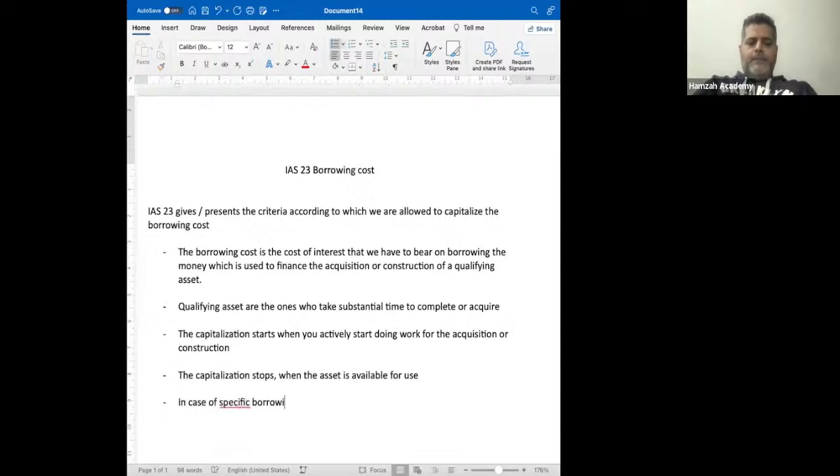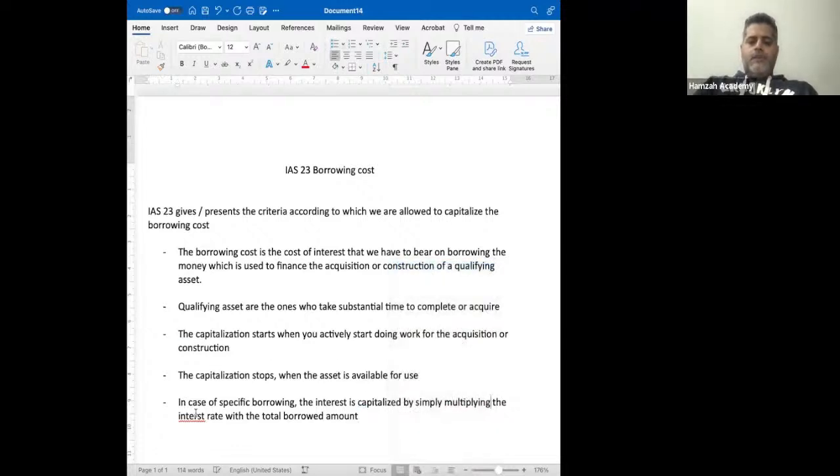specific borrowing, the interest is capitalized by simply multiplying the interest rate with the total borrowed amount, right?